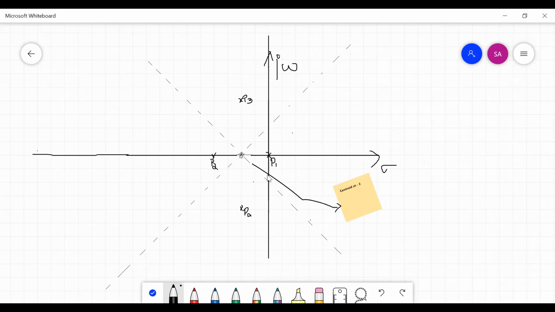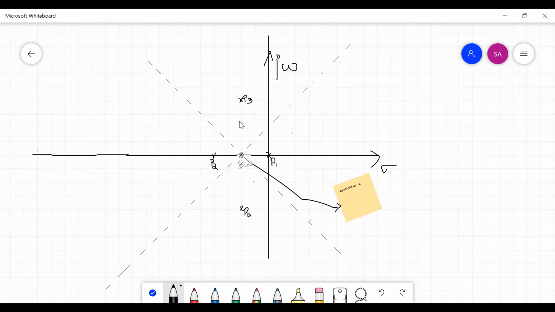We had one breakaway point here itself, at -2. The other breakaway point was at -2, minus j 2.45. If this is +4, somewhere here we will have another breakaway point.